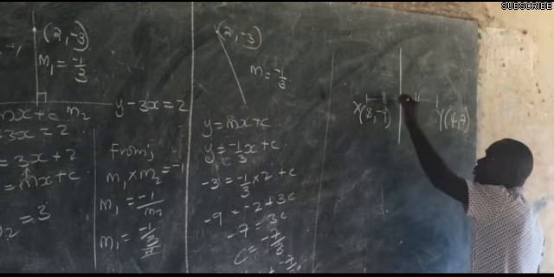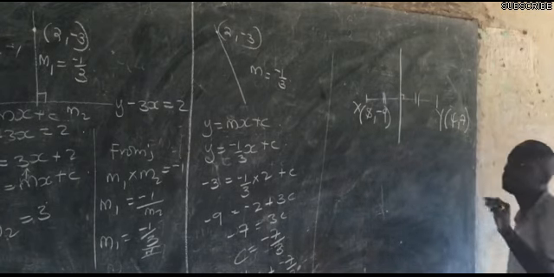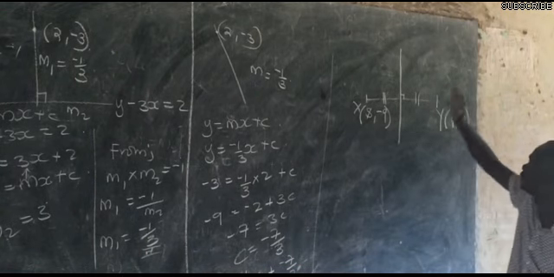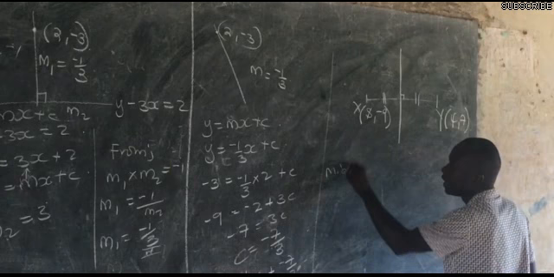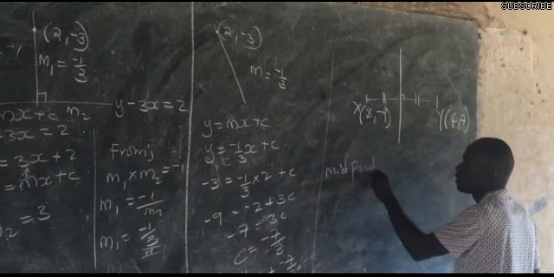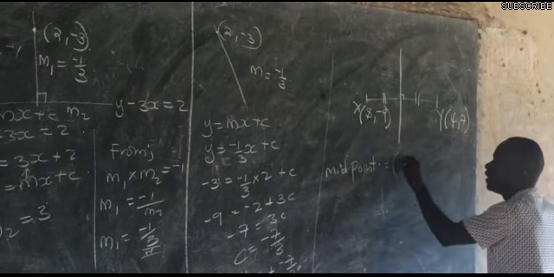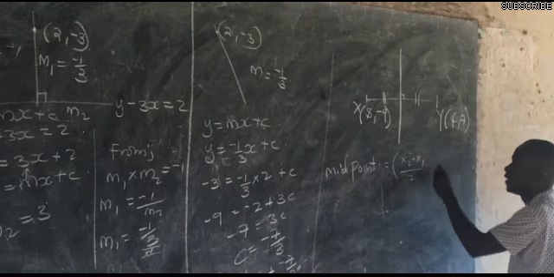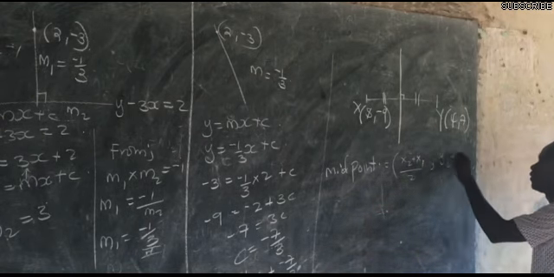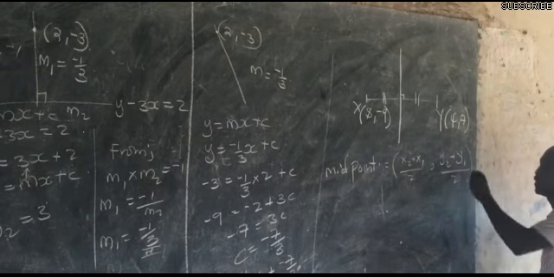This point where they intersect, we believe it is the midpoint of the line from x to y. So we can first get the midpoint, and the midpoint, like we saw in our previous lessons, is given as the x values being added and divided by 2, and then the y values being added and then divided by 2.